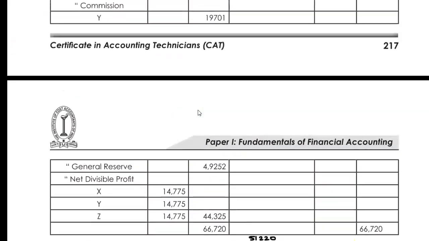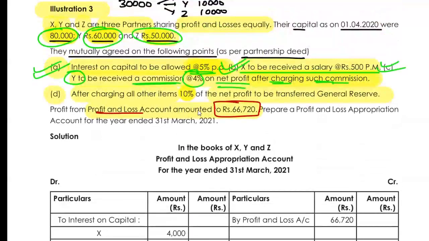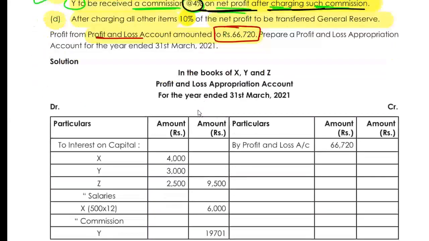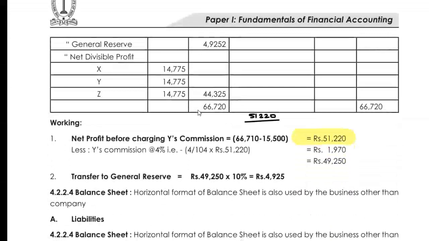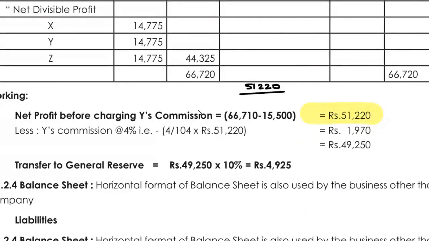In the question, it was given as 4% of the net profit after charging such commission. So this would be 100 plus 4 multiplied by 100. That is 51,220 divided by 104 multiplied by 100.